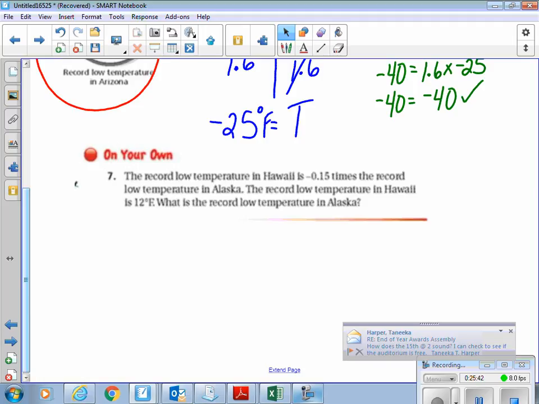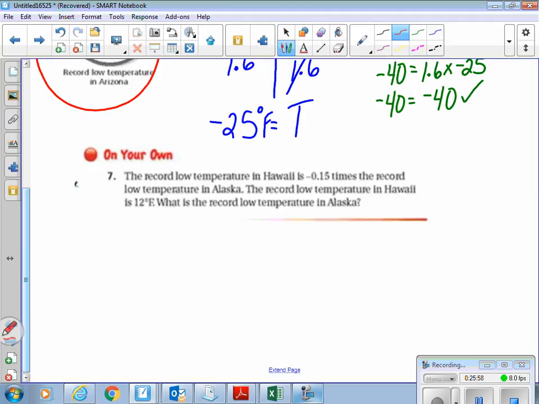So on the on your own problem, the record low temperature in Hawaii is negative 1500 times the record low temperature in Alaska. The record low temperature in Hawaii is 12 degrees Fahrenheit. What is the record low temperature in Alaska? So it says the record low temperature in Hawaii. What am I going to plug in there? Well, they told me that that temperature is 12.